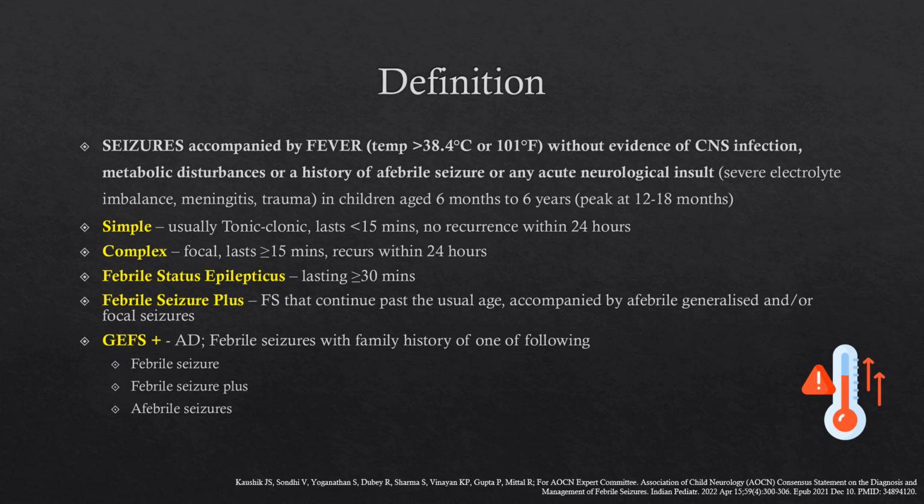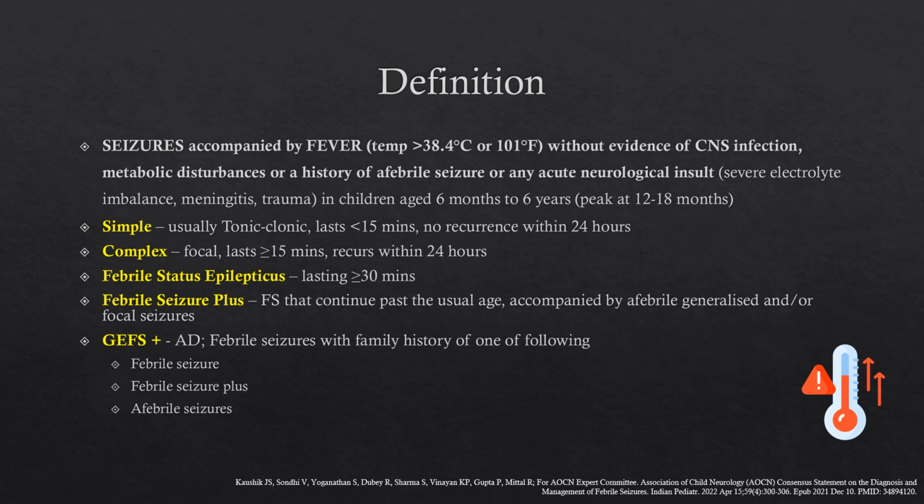Now coming to the special term, that is GEFS plus, that is generalized epilepsy with febrile seizure plus. What is it? It's usually a condition that is transmitted by autosomal dominant inheritance. In this condition, usually febrile seizures are seen with family history of one of the following. That means the patient may have family history of febrile seizure, family history of febrile seizure plus, or family history of afebrile seizure also.